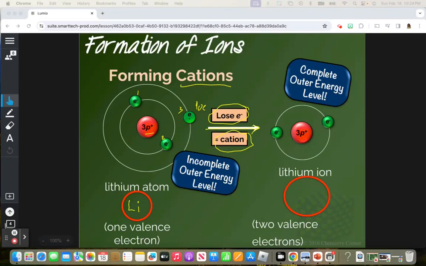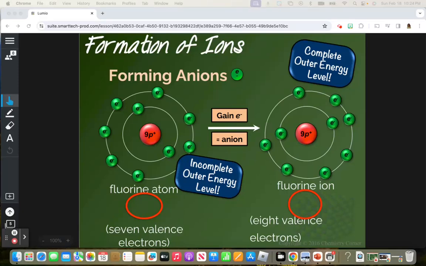Make sure you write down this illustration, this Bohr model diagram. When it loses its electron, it now has 2 electrons and 3 positive protons, making it a lithium ion with 1 positive charge. This is a stable configuration. We want all of our atoms to have the octet.